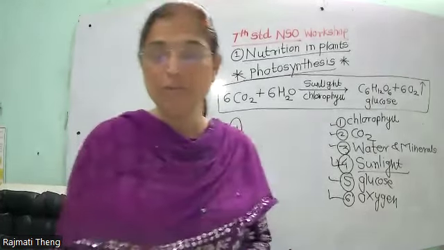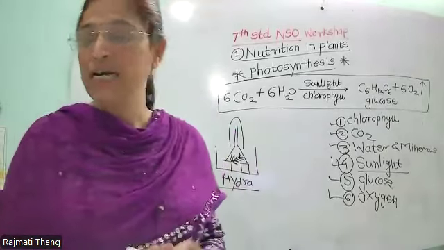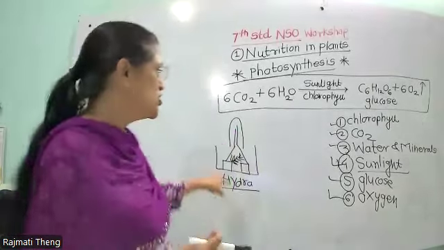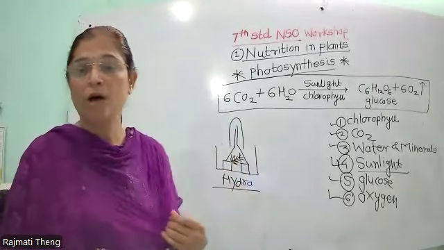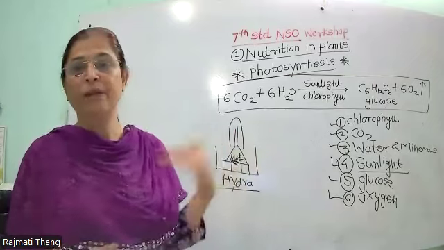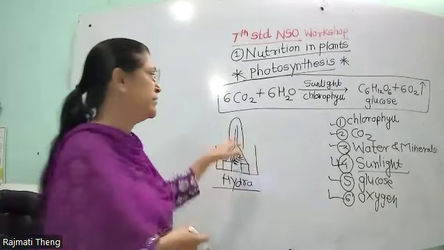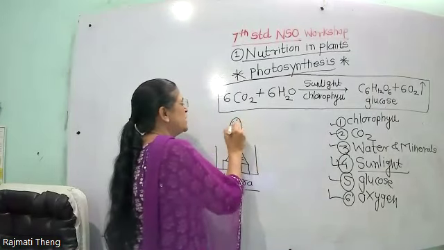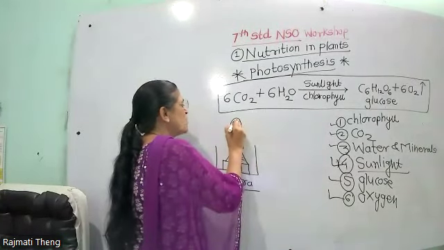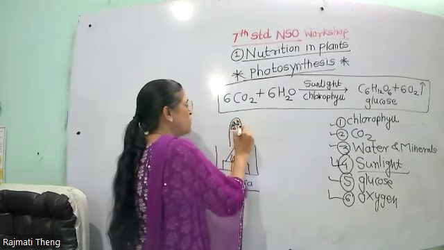Now this assembly we kept in the sunlight. This green plant makes its own food, and जब प्लांट्स खुद का फूड बनाते हैं, in that process oxygen is given out. So in the test tube the bubbles of oxygen are obtained.